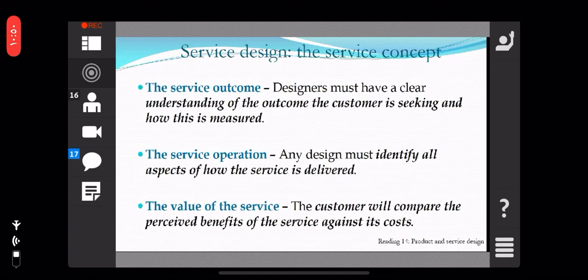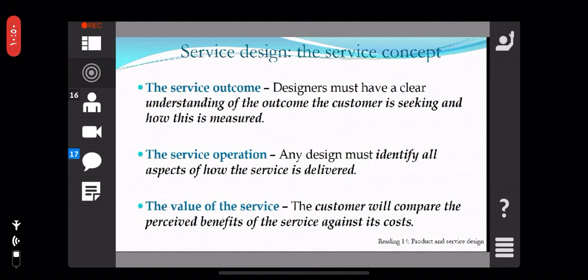The service operation. Any design must identify all aspects of how the service is delivered. This is service operation. Operation is basically the activities, the job hours. We call it operation. Our operation starts from 8 until 5.